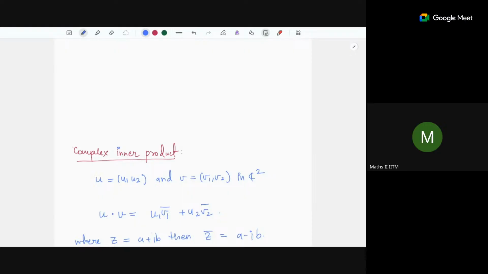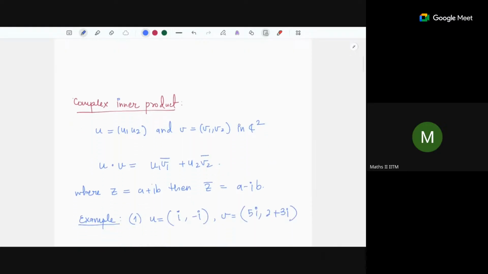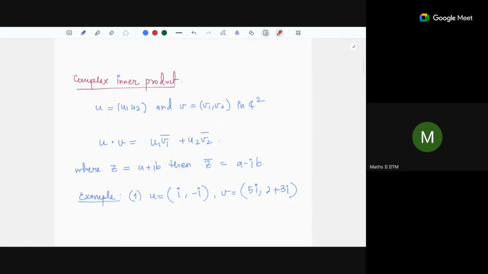Again, you start with two vectors u and v, and with respect to the canonical basis they have coordinate representations u1, u2 and v1, v2 in C2. Then u dot v is equal to u1 v1 bar plus u2 v2 bar.